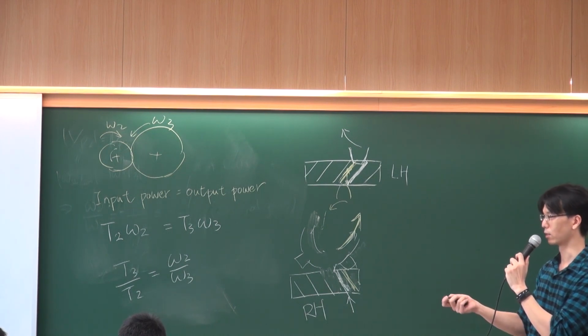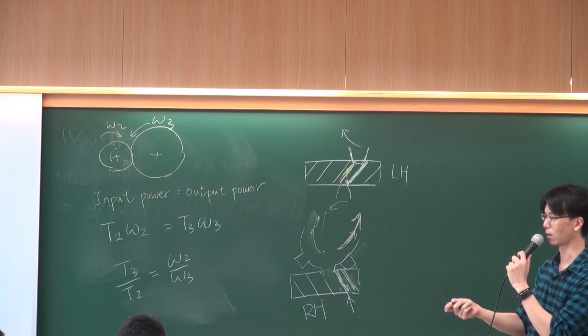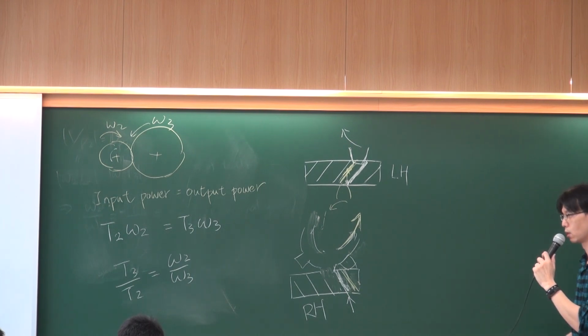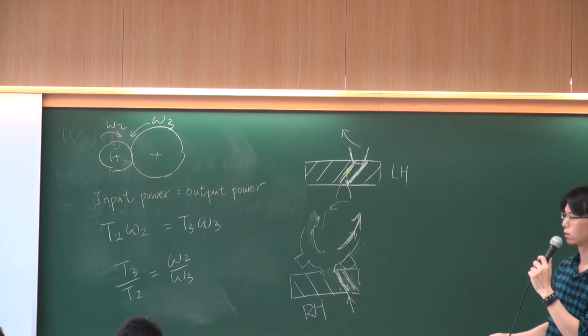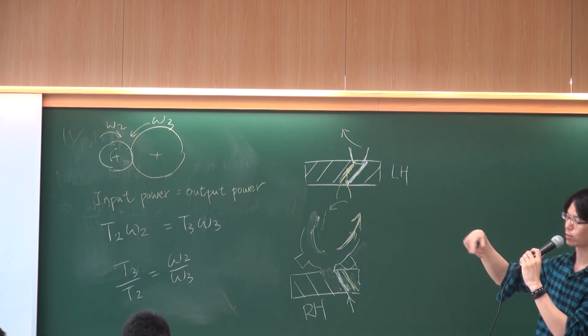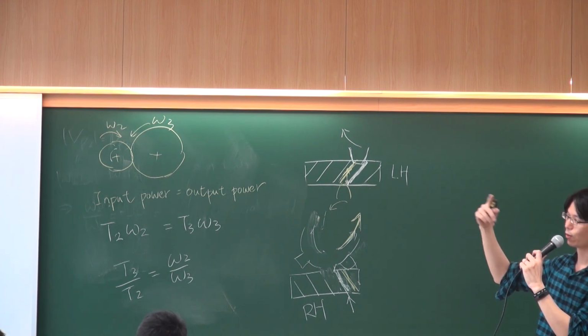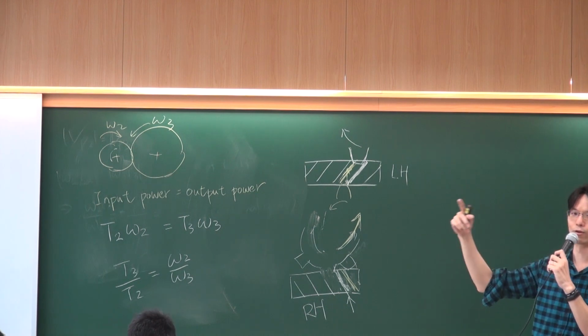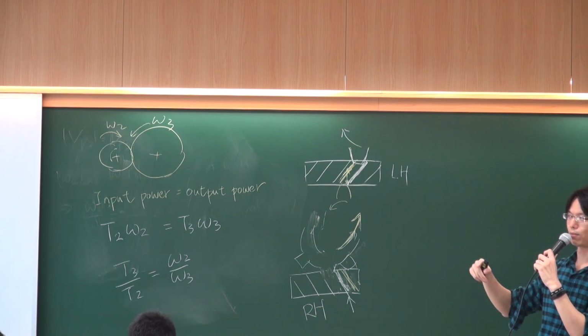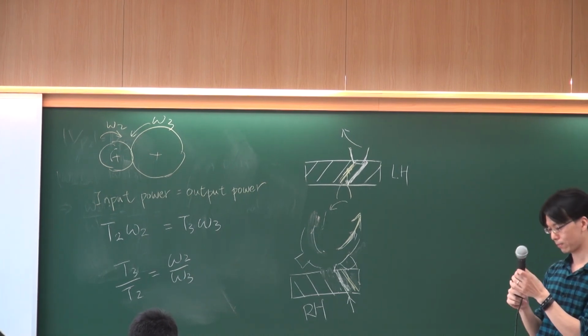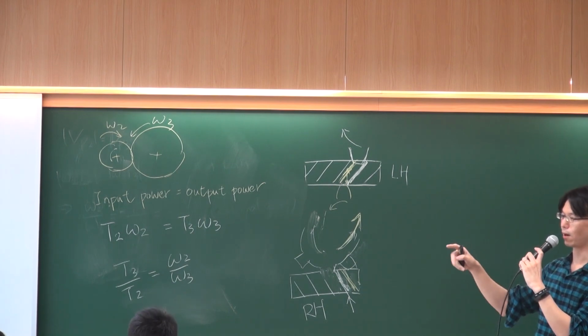So where do we need a gear train? Well, in a lot of cases, like in a vehicle transmission or in a wind turbine. For a wind turbine, you see the wind turbine usually rotates at a very low speed, right? But inside the wind turbine, there's a generator.